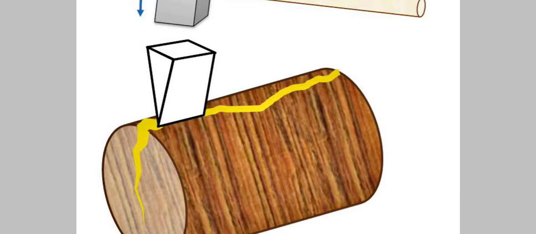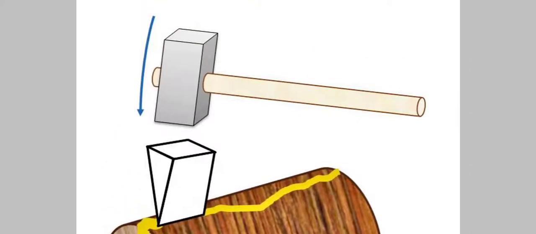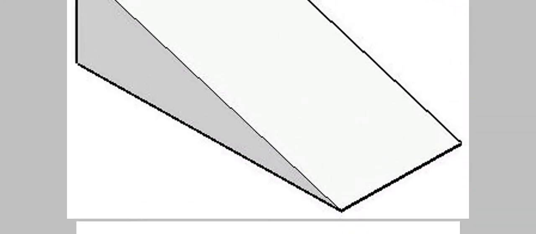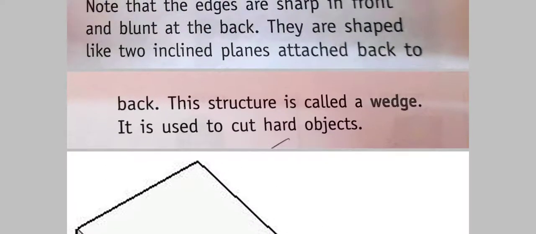If you want to cut anything, the wedge is the best example, and they are shaped like two inclined planes attached back to back. This structure is called the wedge and it is used to cut hard objects. Again, if you want to cut this big wooden log, you put this wedge and give a hammer blow on it, then it will be easily cut into two pieces.